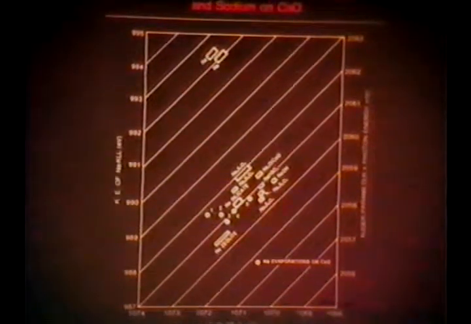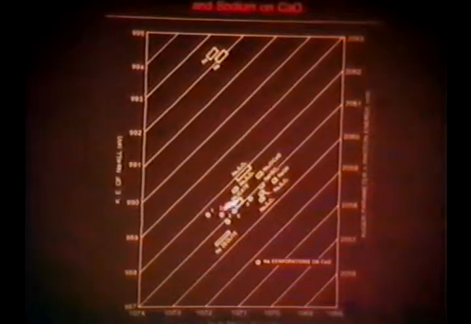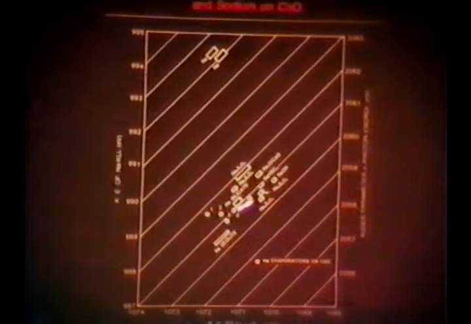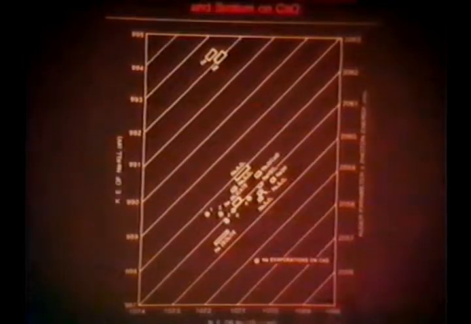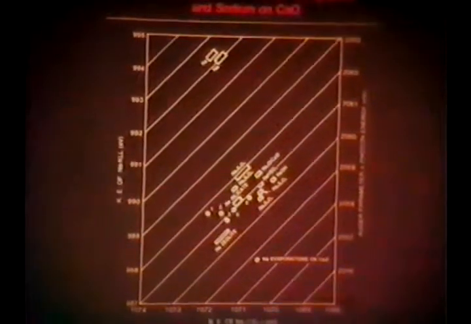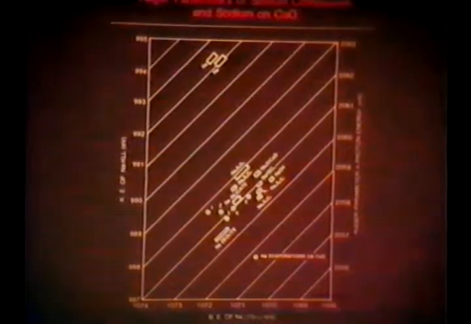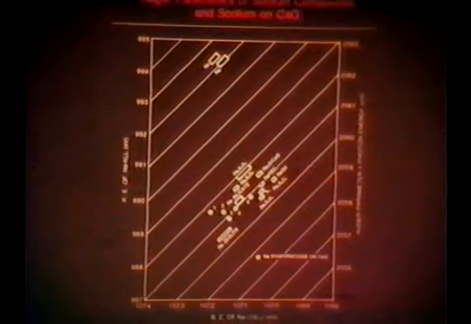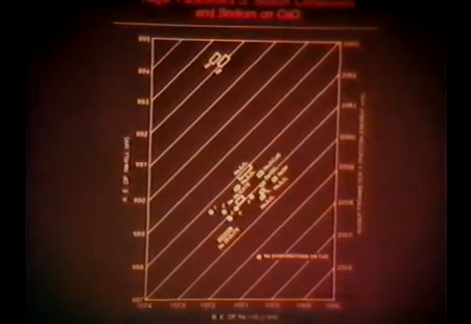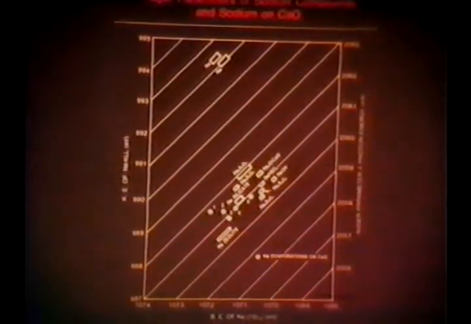As you can see, at high sodium coverages, the evaporated sodium has an Auger parameter closest to sodium silicate. Sodium silicate was the compound used in the evaporator to evaporate sodium onto calcium oxide. However, silicon or oxygen were not detected on the calcium oxide surface after the evaporations.